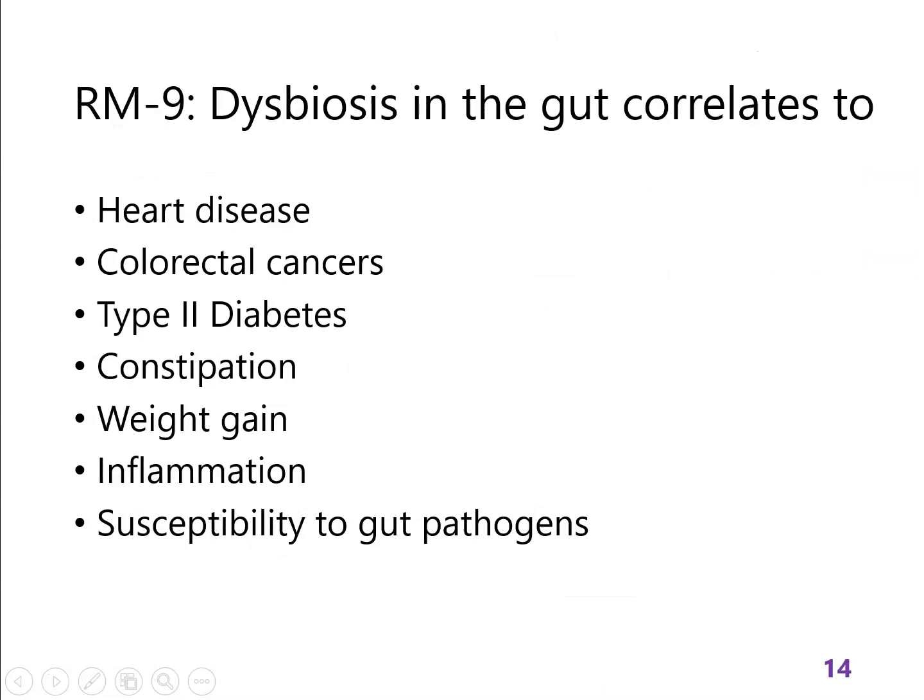So some other things we think dysbiosis could correlate to. This is not a complete list, but all of these different things have been correlated to changes in the bacterial community structure in the gut. Things that are more obvious would be things like constipation and susceptibility to gut pathogens.